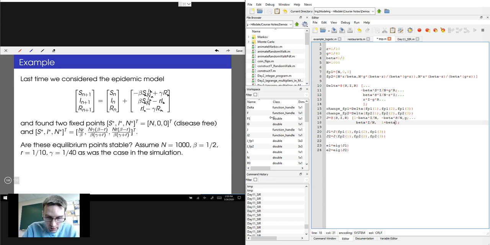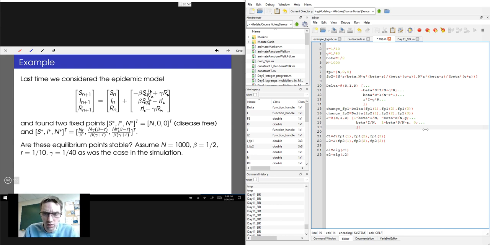And so we'll have a beta times S over n. And then we'll have minus r from this last term. And then if we take a derivative with respect to capital R, notice it does not appear in that equation, and so the derivative will be 0. And here I'm using just the dot, dot, dot to continue on the next line, so it makes it easier to see that this is indeed a matrix.